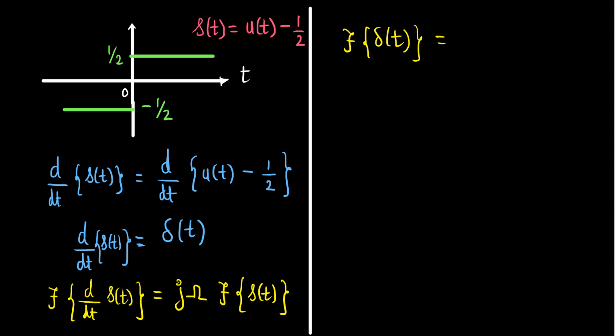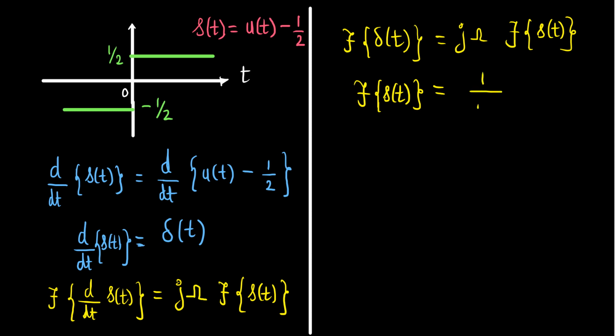This gives the Fourier transform of s of t equal to 1 upon j omega, because the Fourier transform of del of t is 1. And if I simply shift this j omega to the other side, we get this equation.